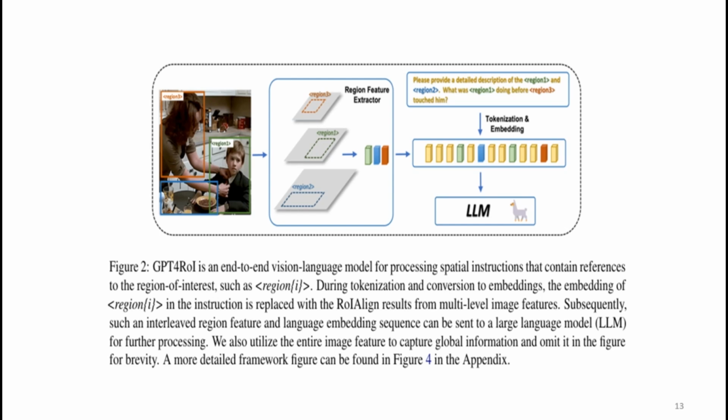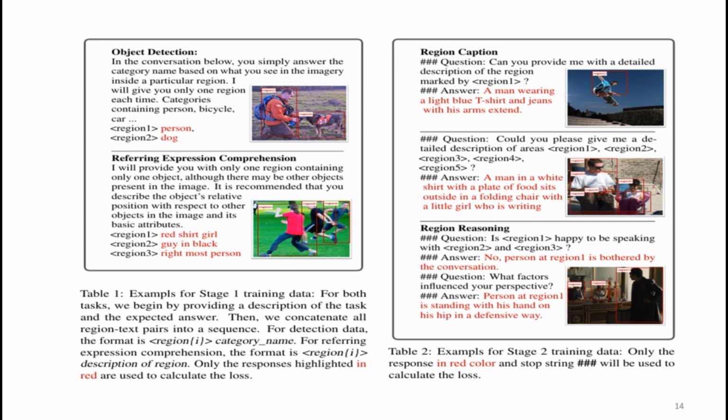So instead of focusing on the image as a whole, GPT4RoI processes bounding boxes as spatial instructions, which represent specific regions within the image. These regions are then paired with language embeddings to create a more detailed understanding of the visual context. The new approach enables enhanced interactivity and controllability. Users can interact with the model by providing both language-based and spatial instructions, allowing for more flexible questions and adjustments based on the detail level of the query.